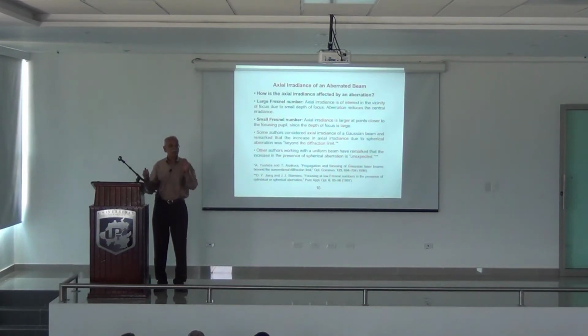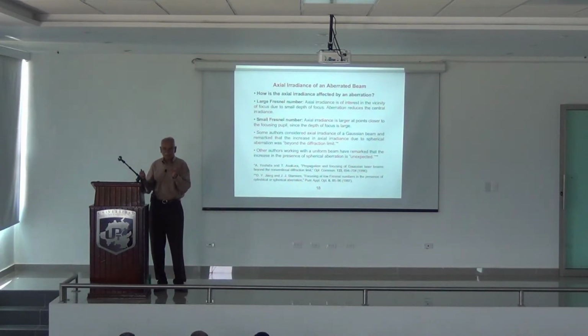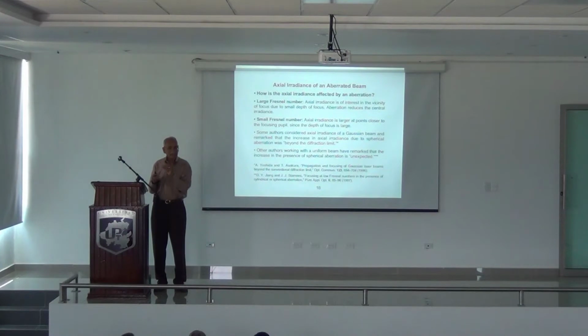However, the thing to really keep in mind is that as we make observations along the axis, we are not observing only at the focal point, and therefore, except for the focal point, wherever we make an observation, there is a defocus aberration, even though the beam is perfect.